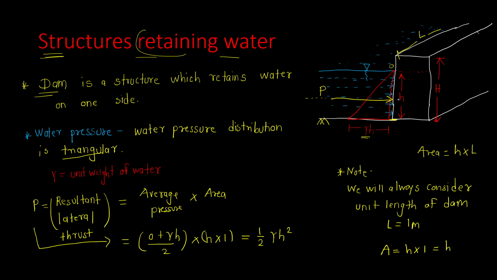The total height is small h here, so this distance will be small h divided by 3. So this force acts at a distance of h/3 from the base. In the next lecture we will see what a rectangular dam and a trapezoidal dam are, and then we will see the analysis of a rectangular dam.